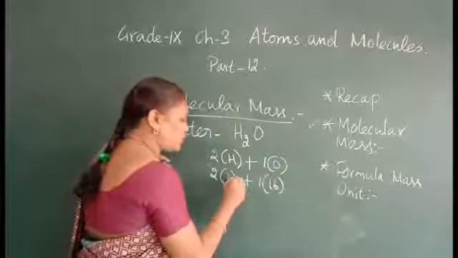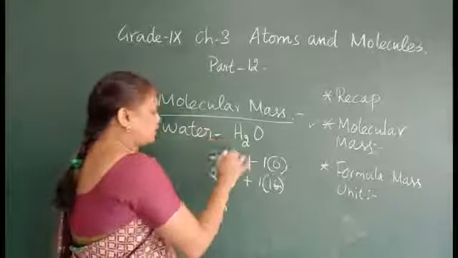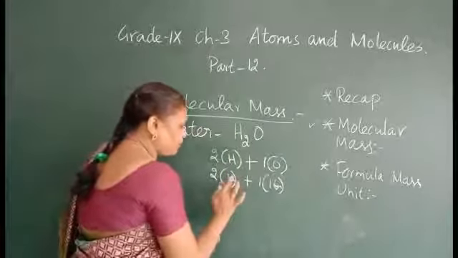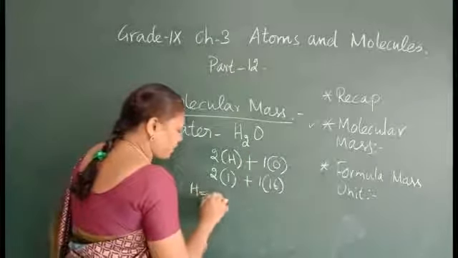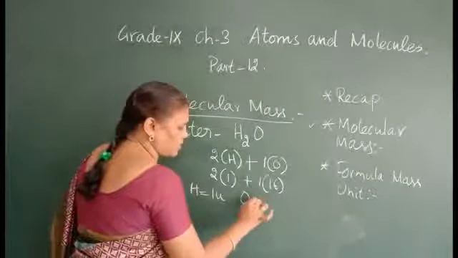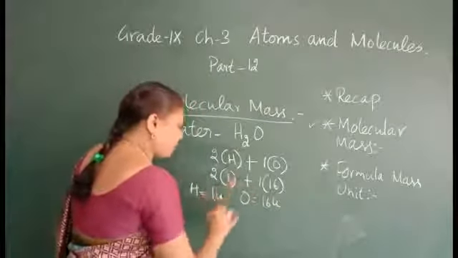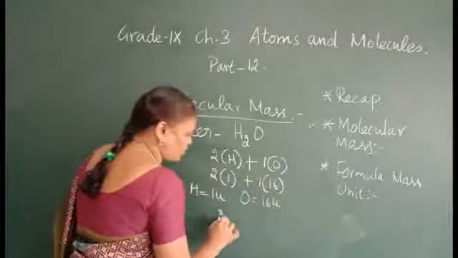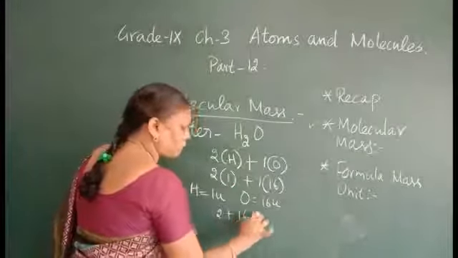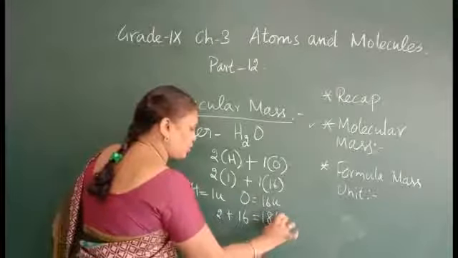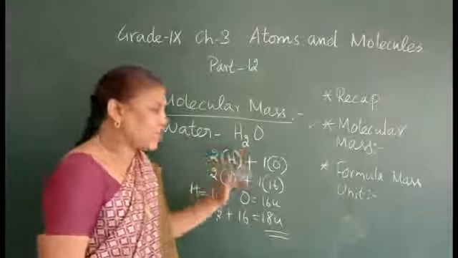So this is 1 U and this is 16 U. So we are going to multiply and add. 2 into 1 is 2, plus 16, that is equal to 18 U. That's all. It's very easy, no? They will give you the formula. You should know the atomic mass.